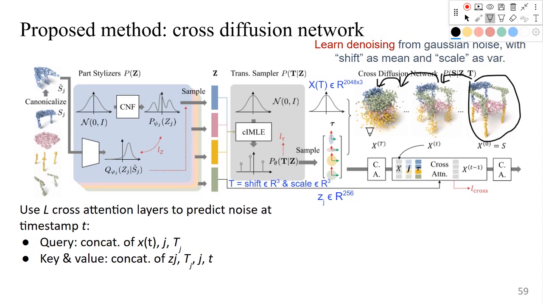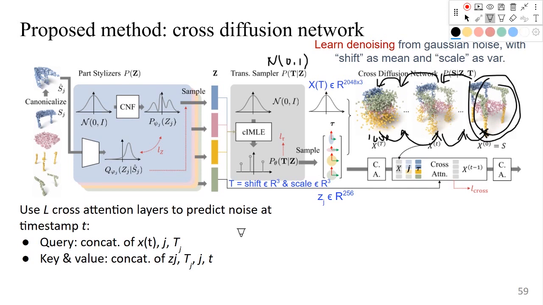For example, we have 1000 timestamps. In the diffusion network, it will convert into a unit Gaussian with mean 0 and variance 1. And then later, we will denoise it, removing the noise that we added before. We gradually recover the original shape here. So this is the high level of the diffusion network.